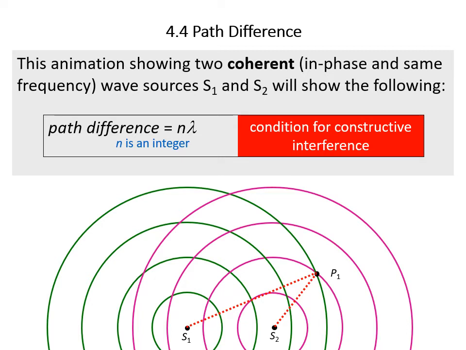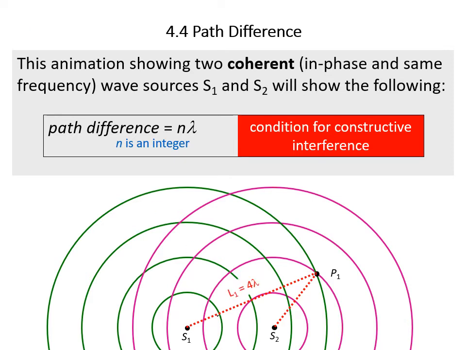We'll count the number of green wave fronts we pass, and that'll be equal to the number of wavelengths. So 1, 2, 3, 4 wave fronts are counted, so that's 4 times the wavelength. And from S2 to P1, I'm counting the purple wave fronts, 1, 2, that's 2 times the wavelength.